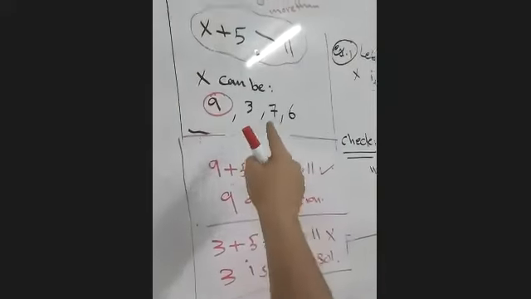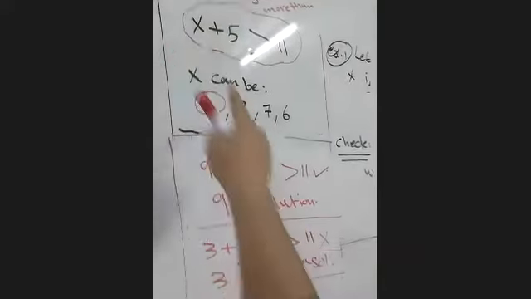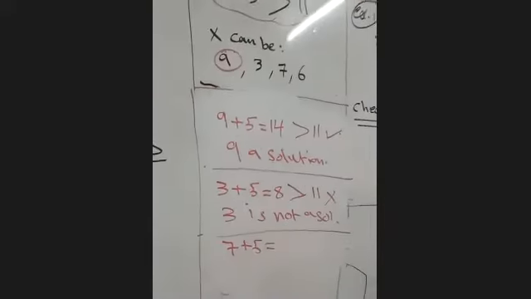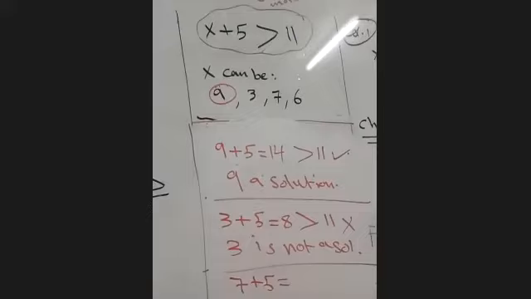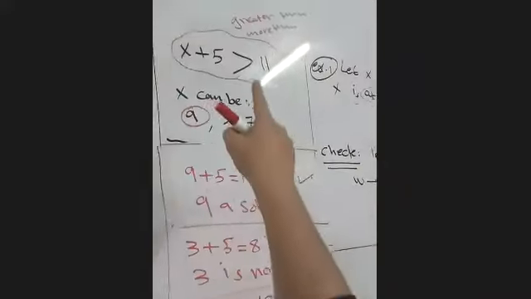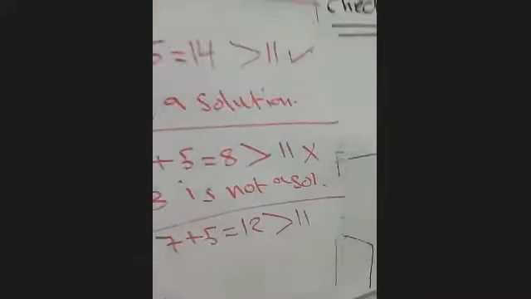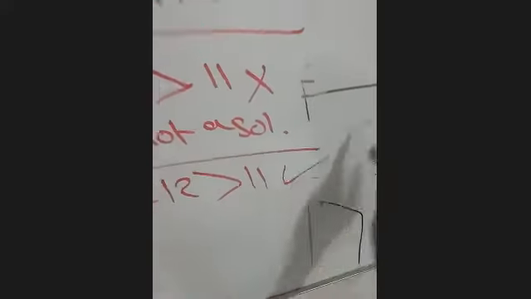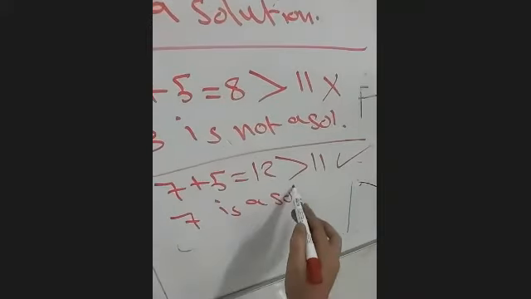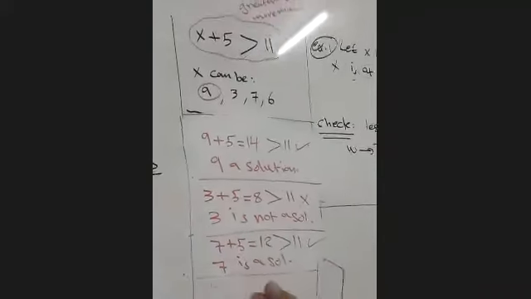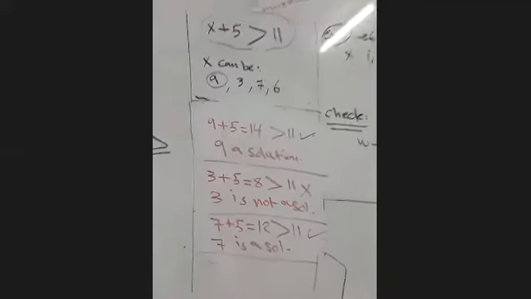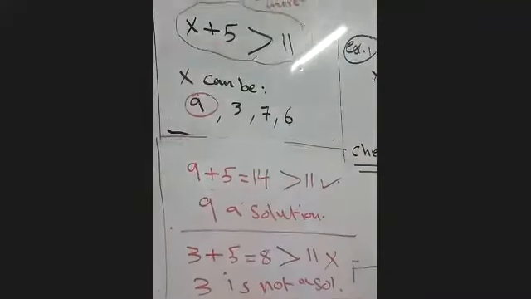Let's check 7. 7 plus 5, how much? It equals 12. Is 12 more than 11? Yes. So 7 is a solution. Now let's check 6.